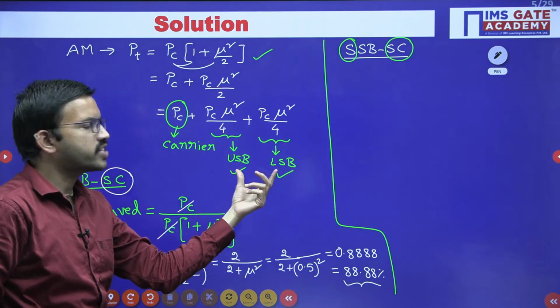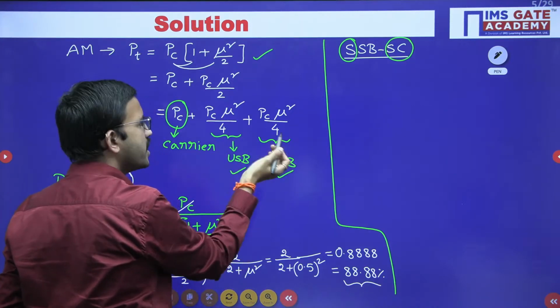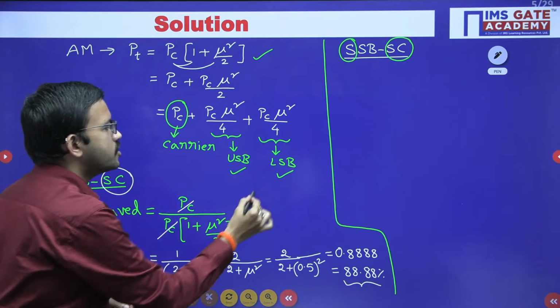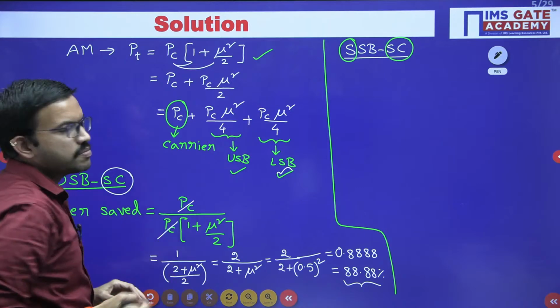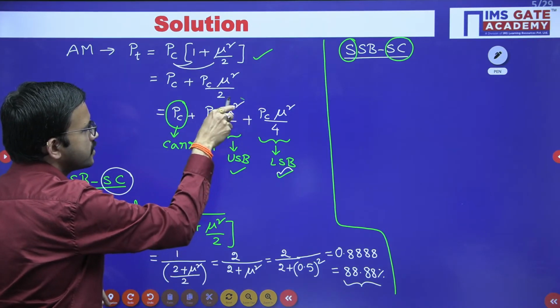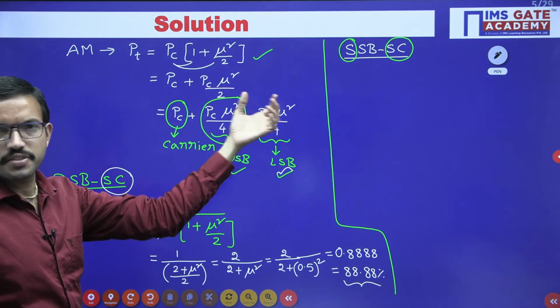Either of these two sidebands is sufficient, right? Because both the powers are the same. Say for example, if you are using LSB, that means in this SSB-SC modulation technique, you have saved the carrier power and you have saved the other sideband power also. This much power you have saved.